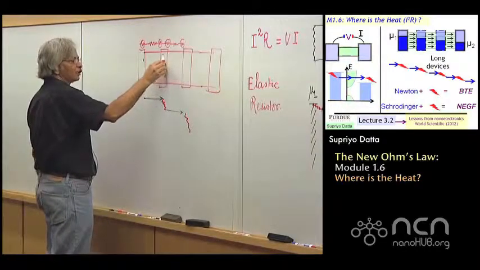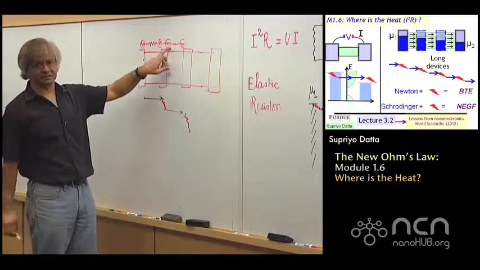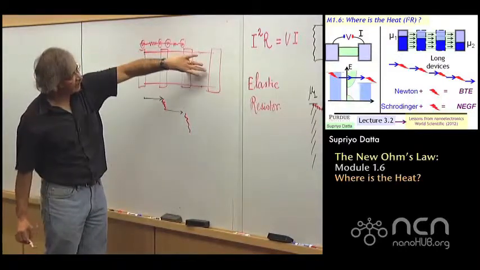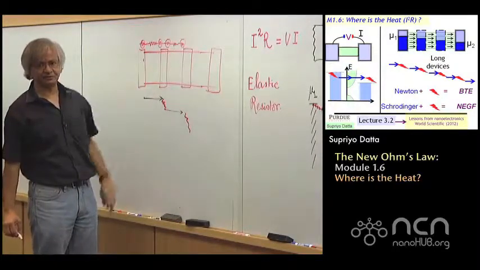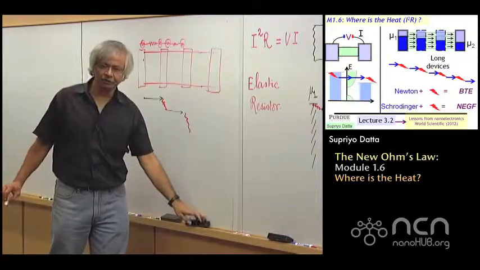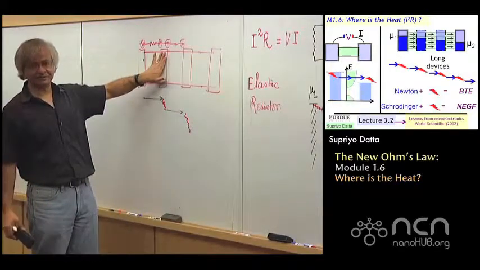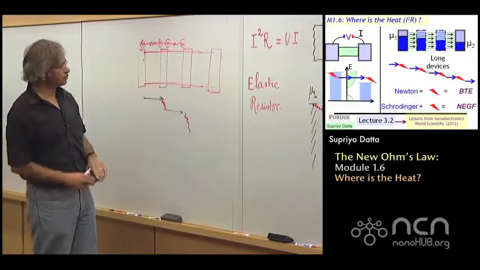Every time you introduce one of these conceptual contacts, there's an associated interface resistance. And so if you just find the resistance of this and add that, you'd have added all these interface resistances, one after the other. And that would be wrong, because the real device, of course, does not have those interfaces. Those interfaces are just conceptual. So those are not really supposed to be there anyway.